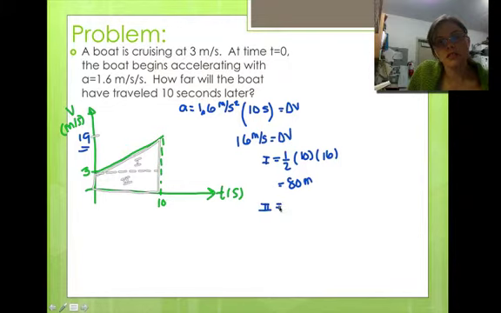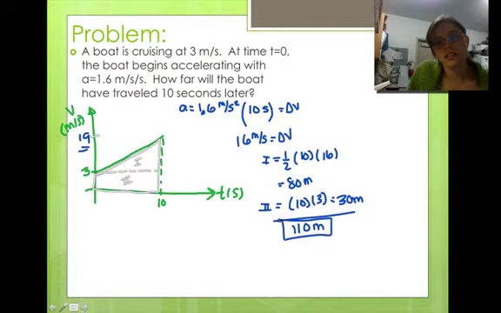Area 2 is equal to base, which is 10, times height, which is 3, which is 30 meters. So all together it's 110 meters. Okay. Now let's solve it using the equations that we had before.